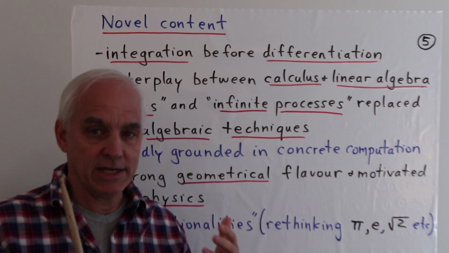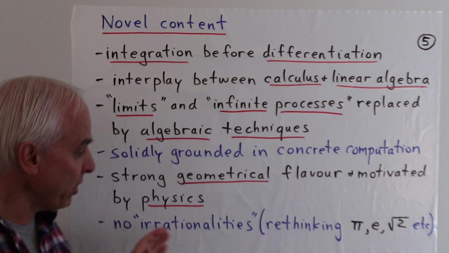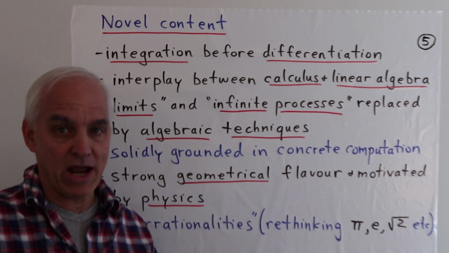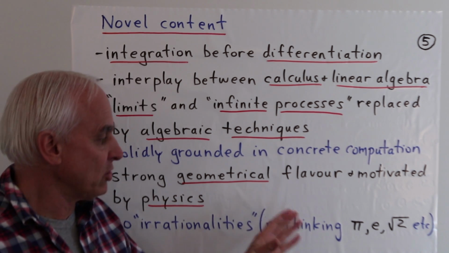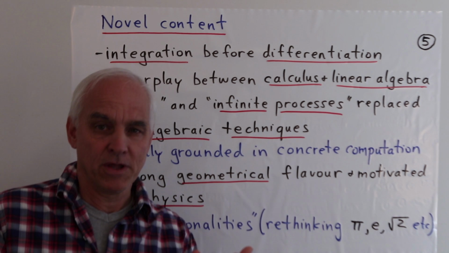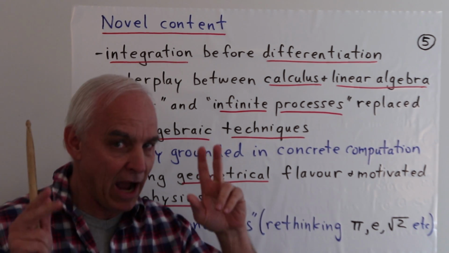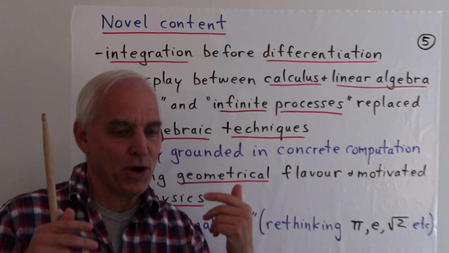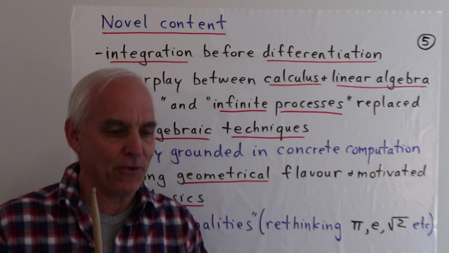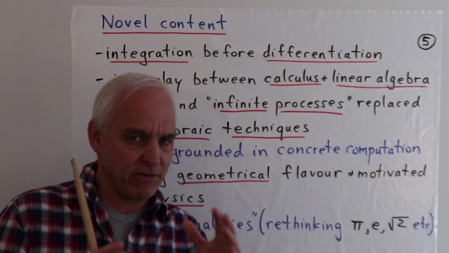I don't think they really need to play as big a role as they currently seem to do in mathematics. So we're going to steer away from irrationalities, or when we do meet them, we are going to have to rethink them. So it's not going to be automatic that I'm going to assume that you know what pi is and what e is and what root 2 is. Rather, we're going to have a kind of quotes around those things. We're going to treat them with a lot of reservation and rather carefully.